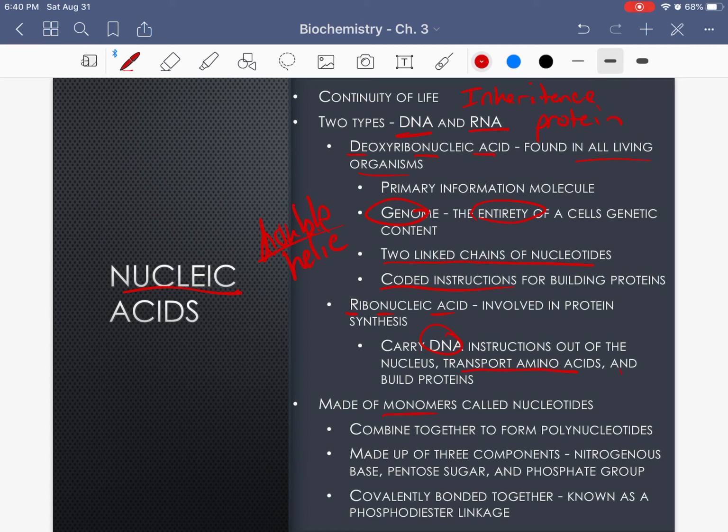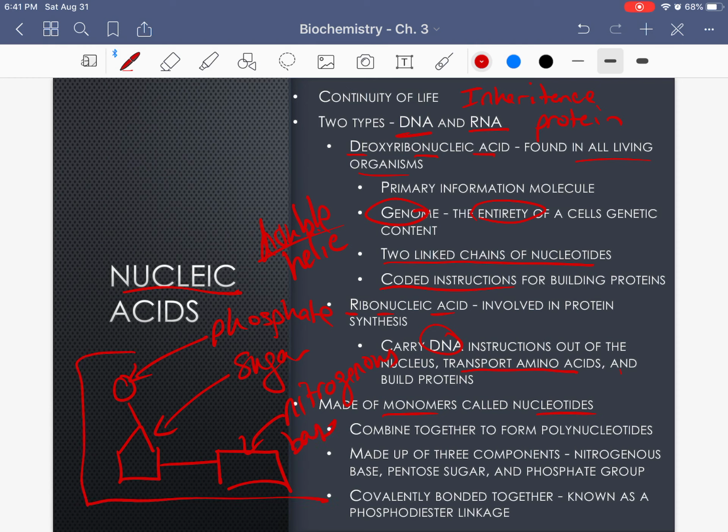Nucleic acids are made of monomers called nucleotides. Those nucleotides are made up of a sugar, a phosphate, and a nitrogenous base. All right, so this is a sugar, a phosphate, and then a nitrogenous base. So this subunit right here will bind to another subunit, right?